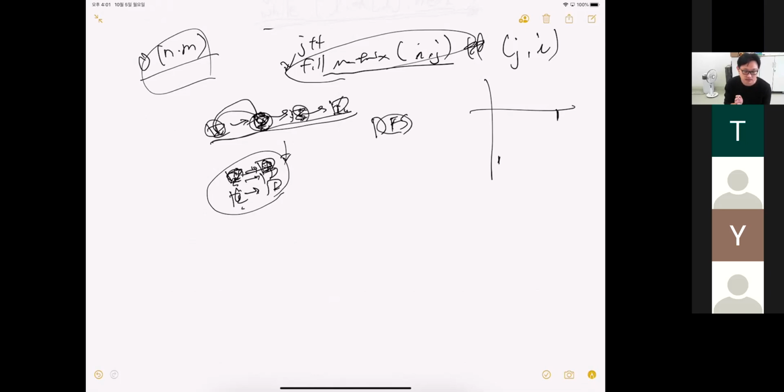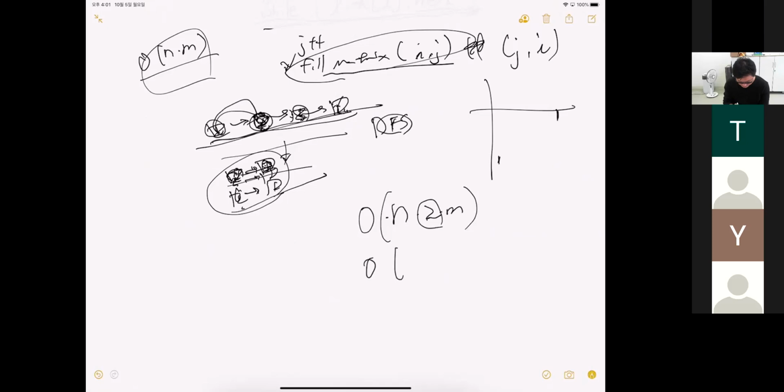That's more complex than doing this. Rather, I'm just scanning it through, which is big O of n by m. I don't need to care about big O of 2 by m because I have a duplicate. If I am more efficient, maybe I can do m by n. But this 2 to 1 is illegal and more complex because I have to do DFS, dig into the more.